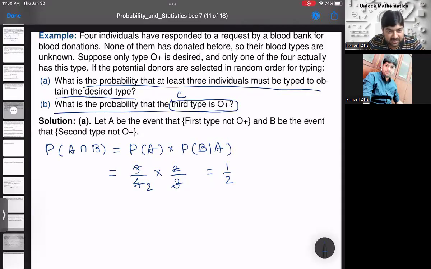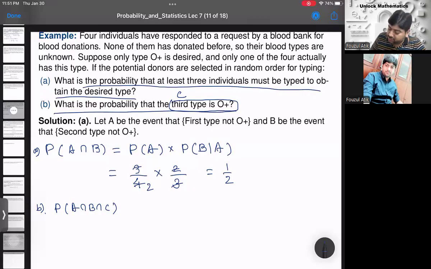To get this event, you basically have to have the first event happen, the second event happen, and only then can you go to the third one. And therefore the probability of the desired thing, the event C, is actually A, B, and C, all three should happen, right? In this case, the previous one was A, this one is B. So you have to find the probability of A intersection B intersection C.